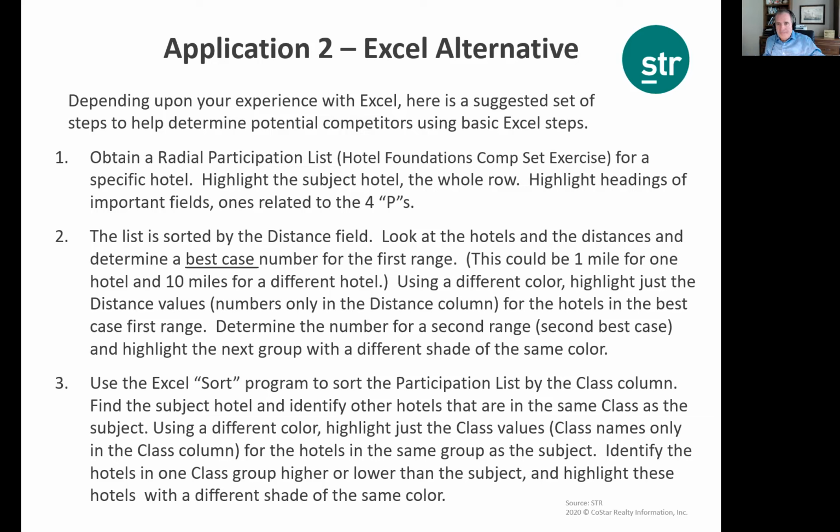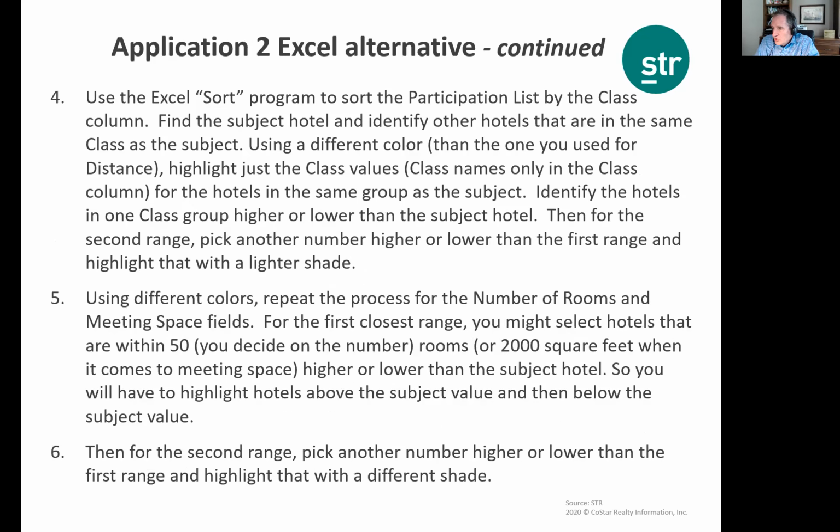Let's say you pick red. Then you could pick a class that's close, maybe the one just lower or just higher than your class, and you pick a lighter shade of that same color and highlight those. Again, we're picking best case, the same class as my subject, second best case, higher or just lower. You sort by the other fields, like the number of rooms.